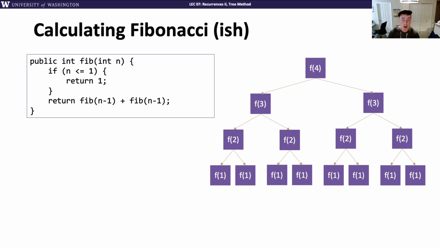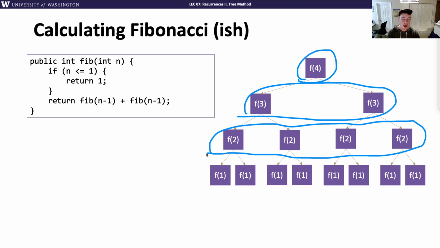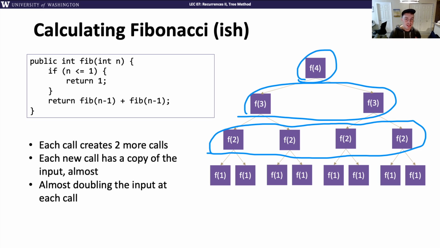You start with fib of 4, and fib of 4 calls fib of 3 twice, and each one of those fib of 3s calls its own fib of 2 twice. What's going to end up happening here is each one of these calls ends up creating two more calls. And those extra calls have almost exactly the same input, but not quite because it's decreased by 1.